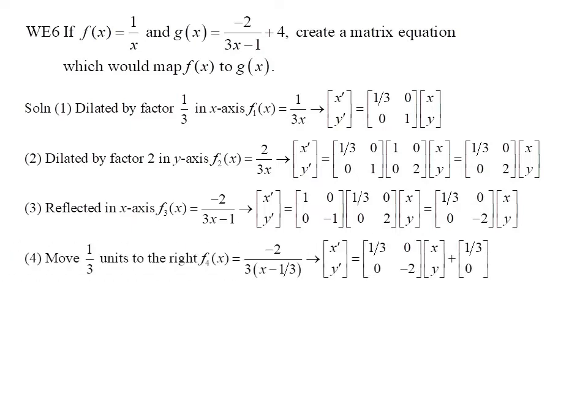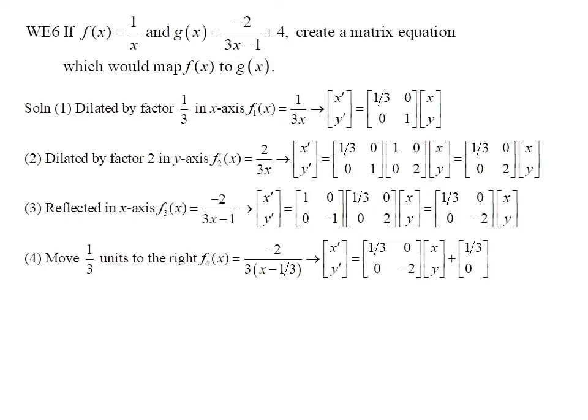The fourth step of transformation is to move 1/3 units in the positive direction of x-axis, which means to replace x with x minus 1/3 in the matrix transformation equation. Accordingly, the translation of 1/3 units in the positive direction of x-axis is represented by adding a 2 by 1 matrix to the equation.